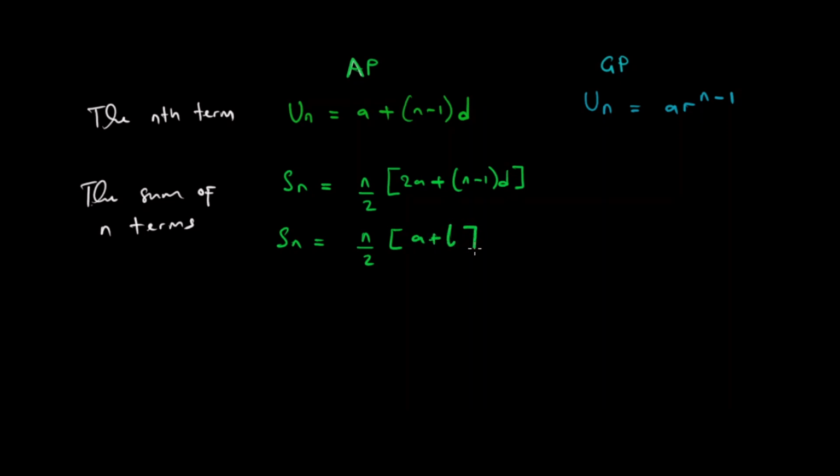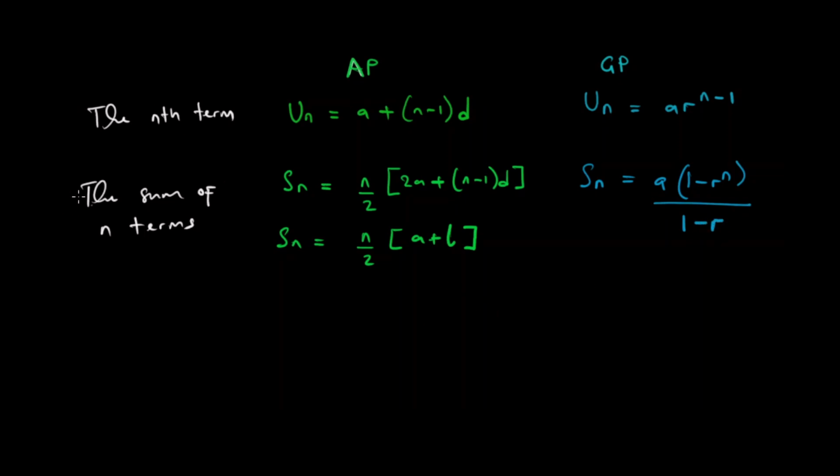For GP there is one formula: Sn is equal to a(1 minus r to the n) over 1 minus r.